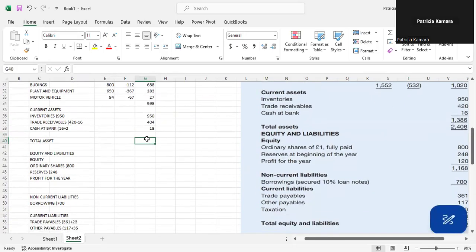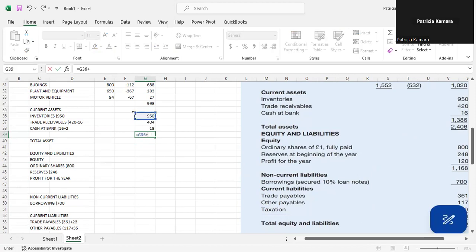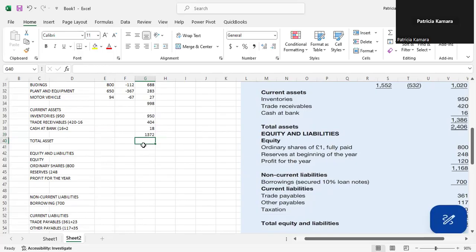So let's calculate first of all our total current assets. This will give us 950 plus 404 plus 18, giving us a total of 1,372. So our total assets will be our current assets plus our non-current assets.